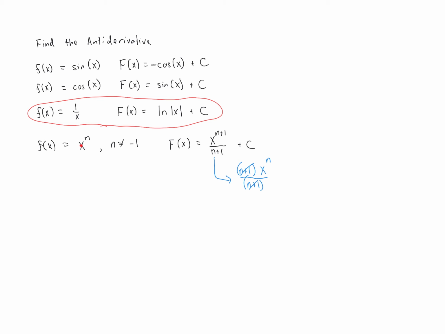If we're taking the antiderivative of x to a power, so long as that power is not negative 1, the answer is going to be x to the n plus 1. So we raise the exponent by 1, but then we have to divide by that new exponent. So we've got capital F of x equals x to the n plus 1 over n plus 1 plus a constant.